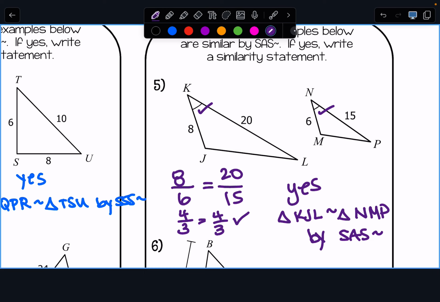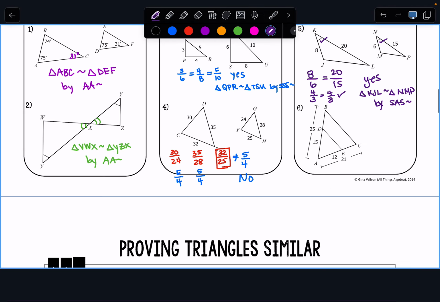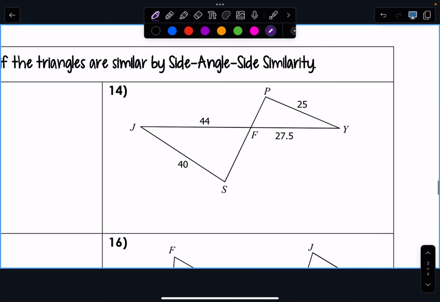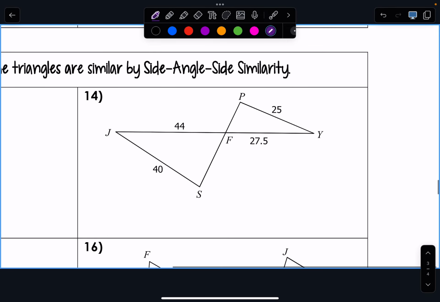Now, what I'm going to do is go back to our other blue sheet, and I want you to look at number 14. In number 14, it looks like we know 2 of each side. Well, I don't know all 3 sides, so it can't be SSS. Do you agree?